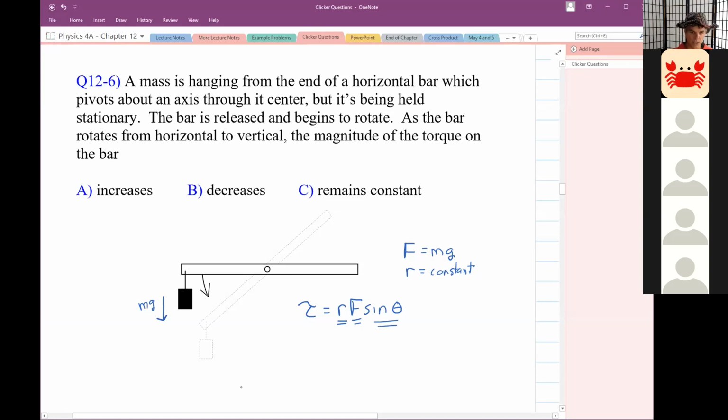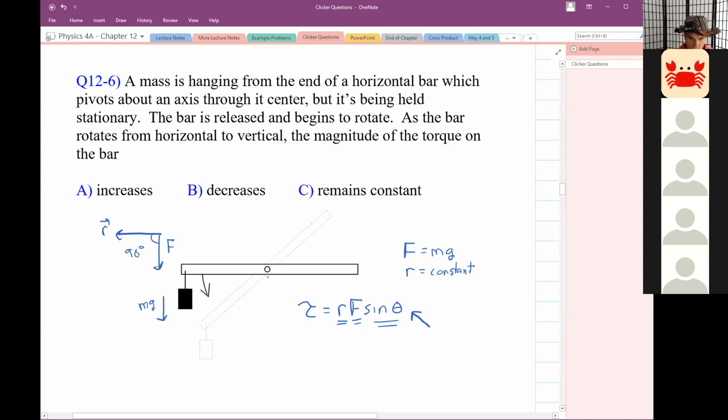The distance away isn't changing, so R is a constant. The only thing that's changing is the angle. When it is horizontal, my R vector would point to the left, my F is straight down, so the angle I would use would be 90 degrees.